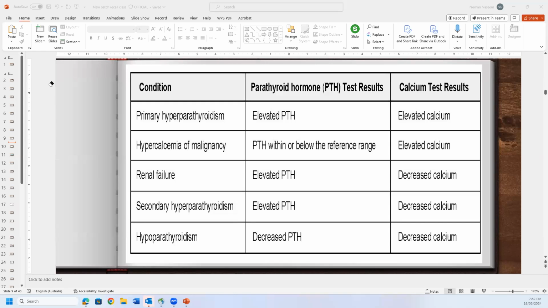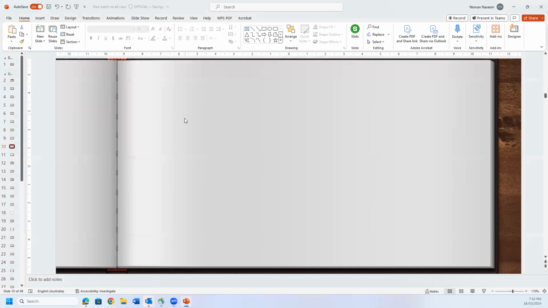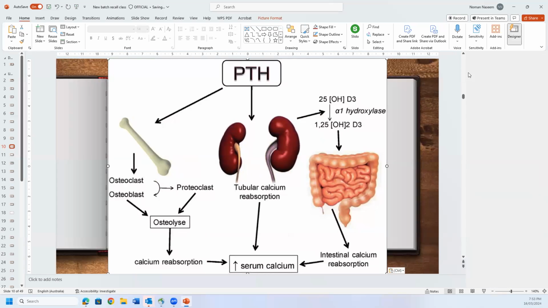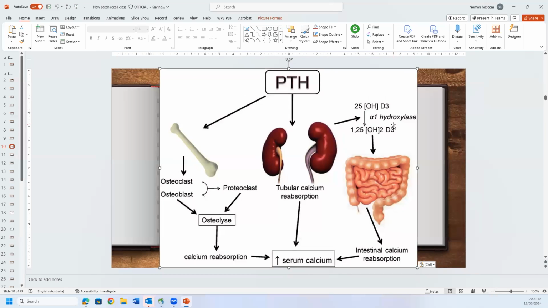In renal failure, I'll show you the pathway of the parathyroid hormone. Are you able to see this on the screen?